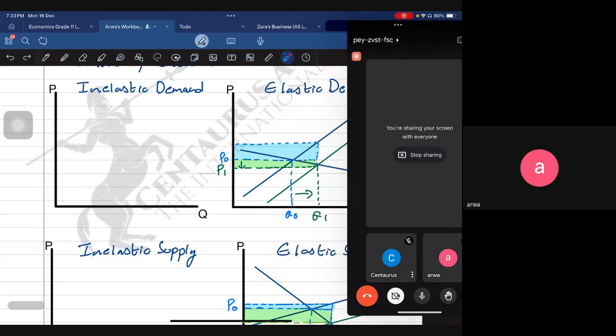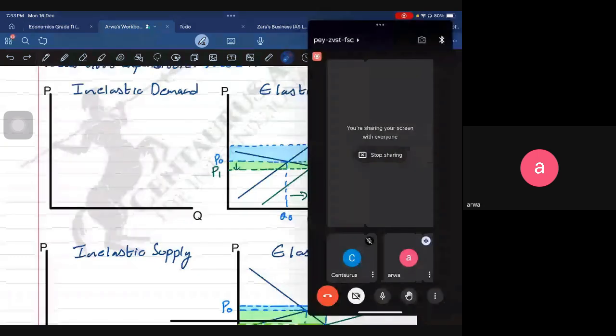Have you made the graphs? I'm just on the elastic supply one. I'm almost done. That one is just giving me a few problems. I'm trying to make it properly.